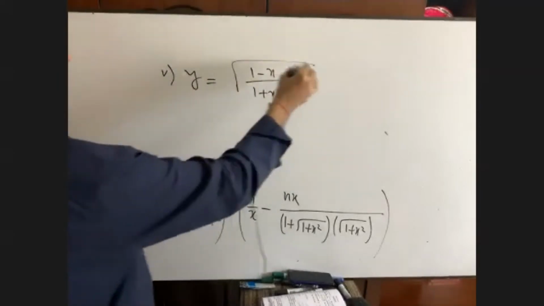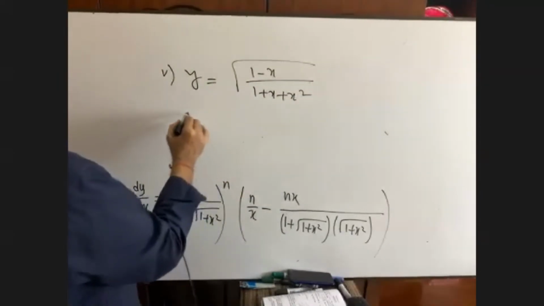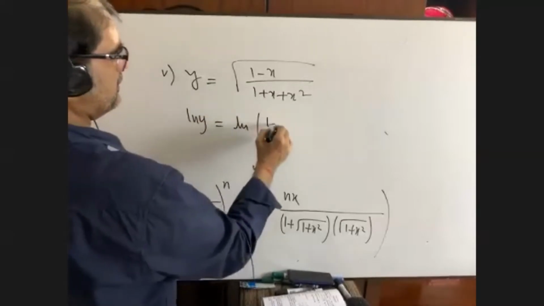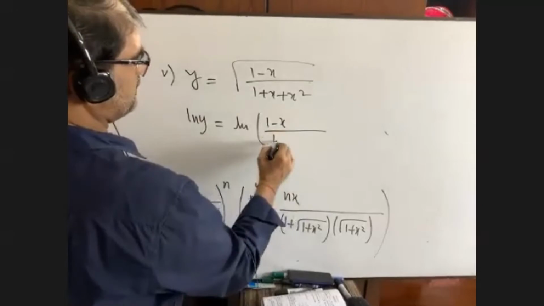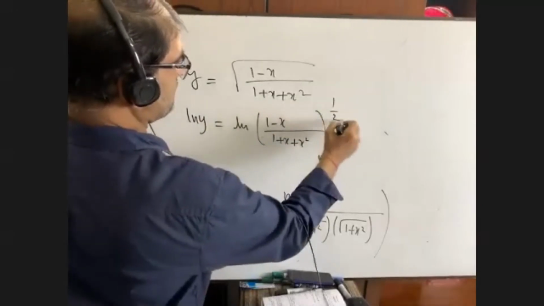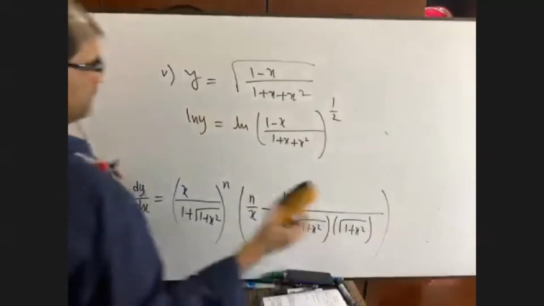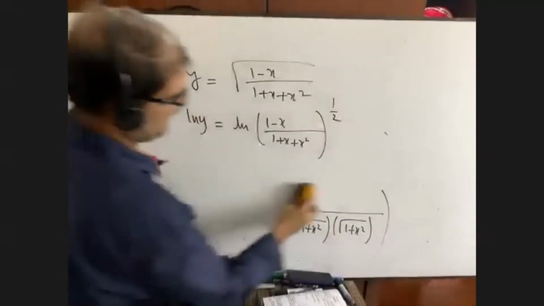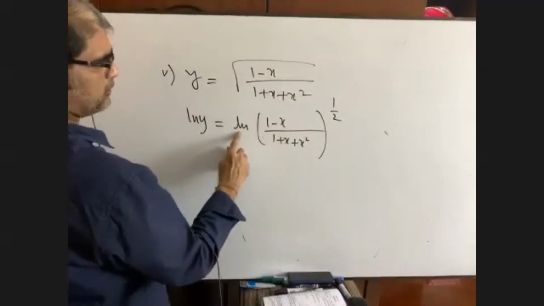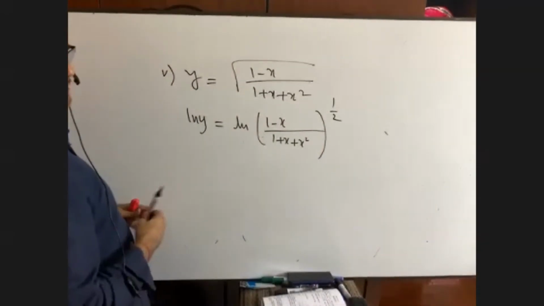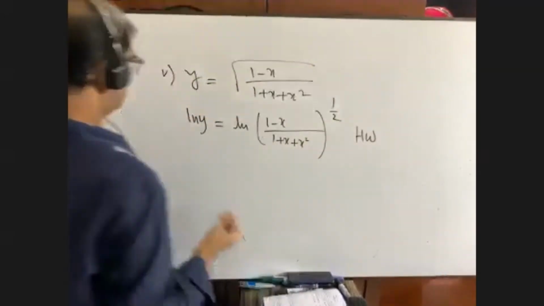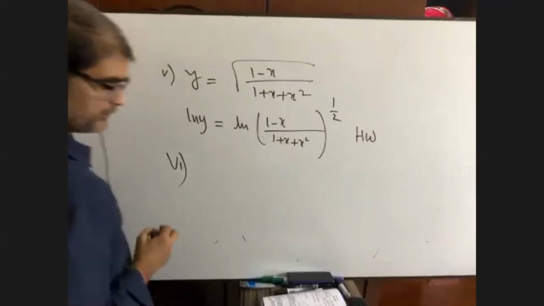Actually, it is power half. ln y is equal to ln of (1 minus x) by (x plus x square), power is half, as it is a square root. Then half ln this minus half ln this. Have you got it? Homework.